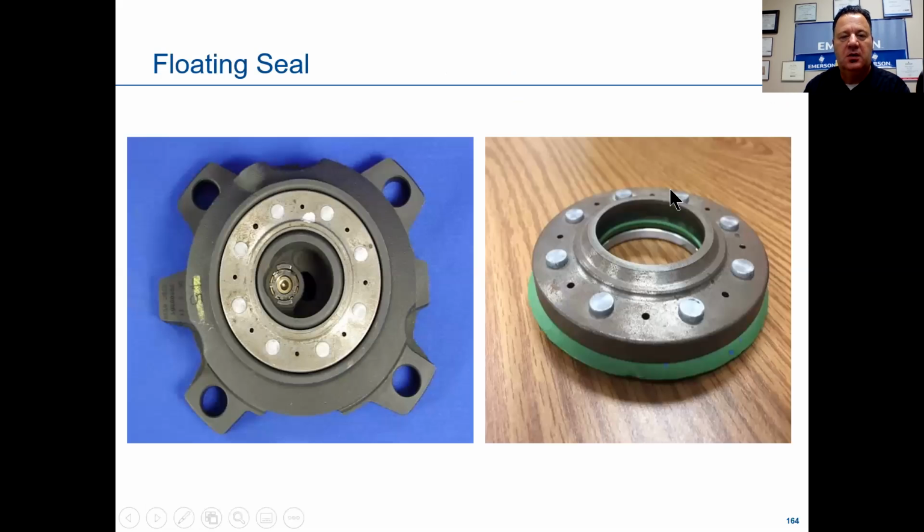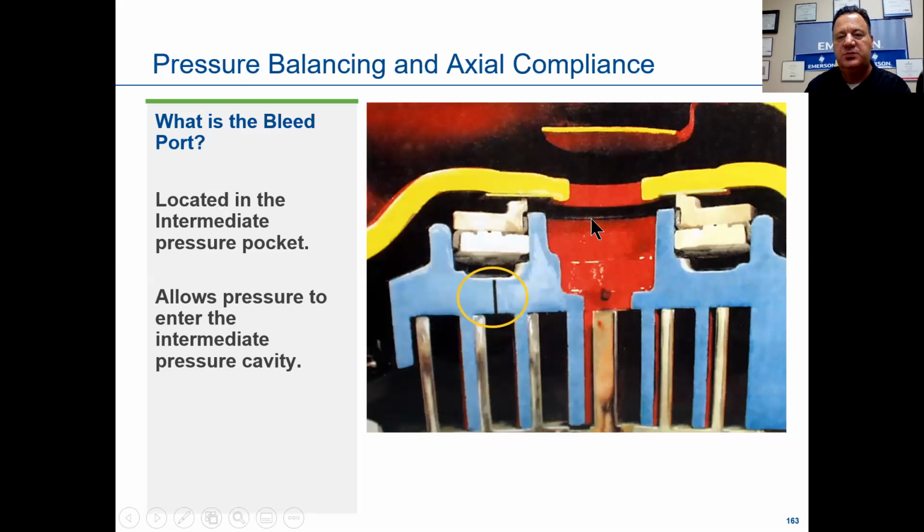This is just a better look at the floating seal. Here you're looking at the left-hand side, the floating seal setting down inside that fixed scroll, looking at the top of it. Here's what that floating seal looks like. This plays an important part because it separates that gas, as we talked about earlier. When this pushes up to that muffler plate, it doesn't allow that discharge gas to go over the top of it.